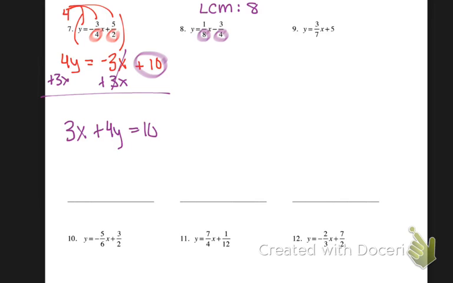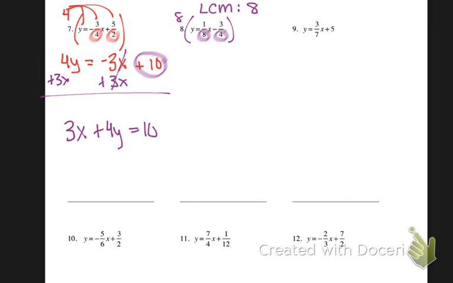Just a little hint, whatever you pick as your least common multiple cannot be smaller than either of the numbers. So for example, if I said the least common multiple is 4, that can't work because 4 is less than 8. So whichever number you pick as your least common multiple, it cannot be smaller than either of the numbers.